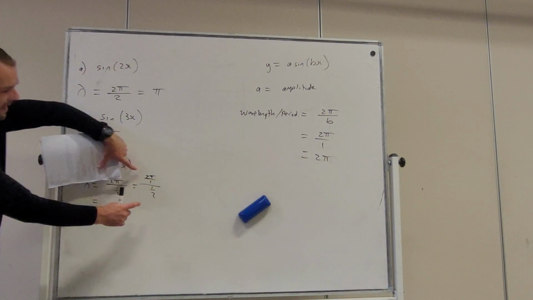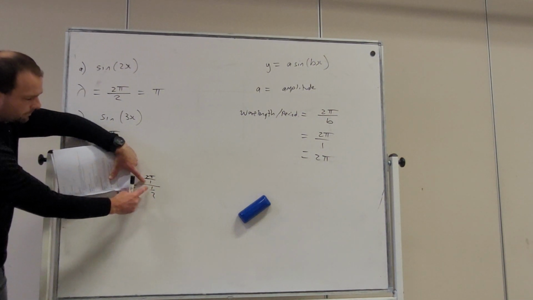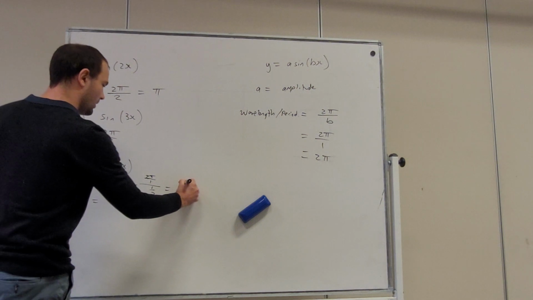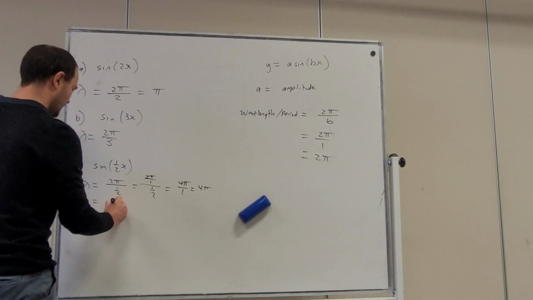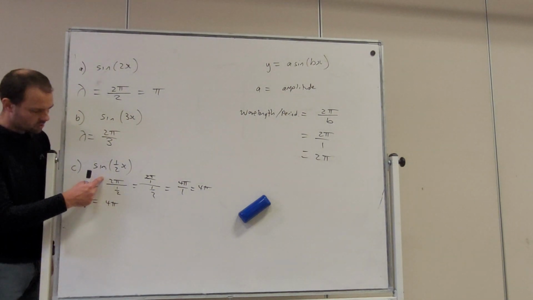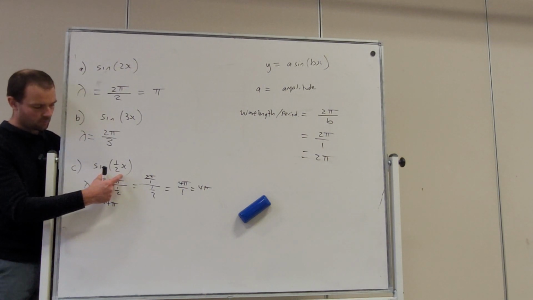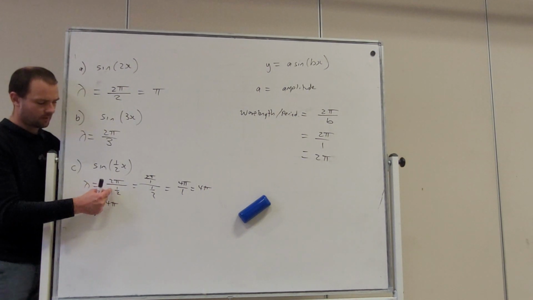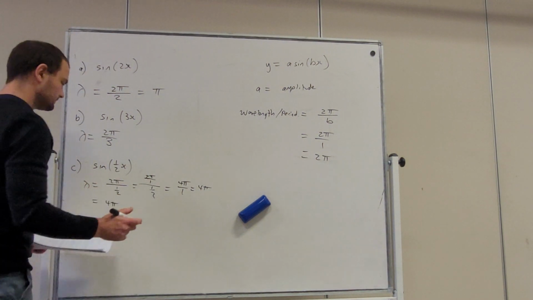And then we have A times D, so we'll have 2 pi times 2, 4 pi on B times C. 4 pi on 1 is 4 pi. It's important to know this, but you can just put that in your calculator. You're just going to make sure it's 2 pi divided by, and then that's the fraction. So that's C, onto D.